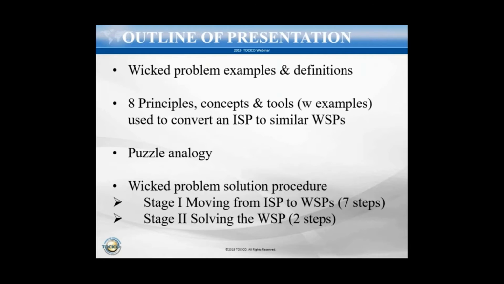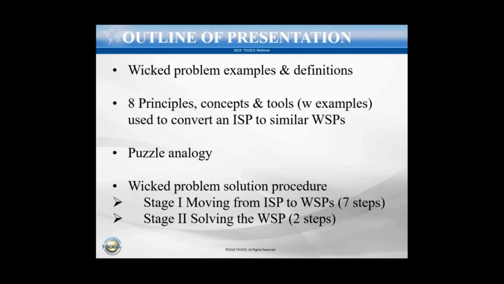That structure is 2 stages. The first stage is of significance because it gets you from ill-structured problems to wicked problems, a 7-step process. And the second stage is, now that we have a well-structured problem, solve it. TOC experts know how to solve well-structured problems very effectively.